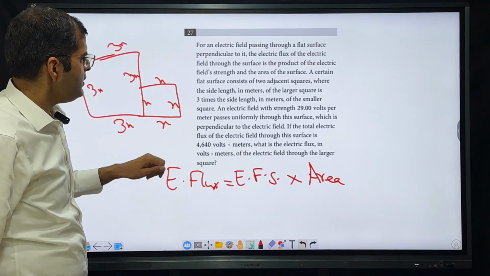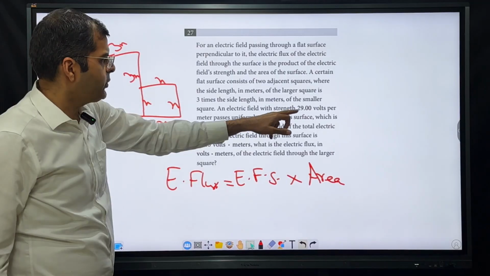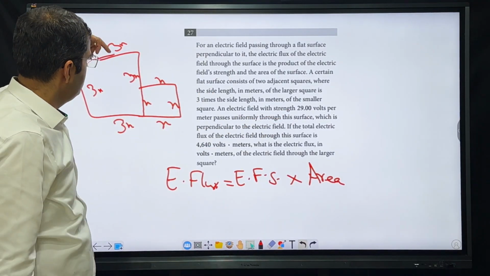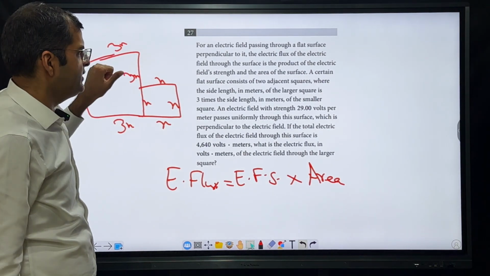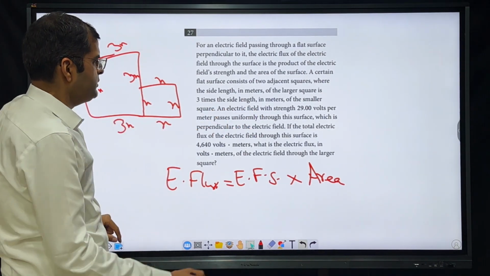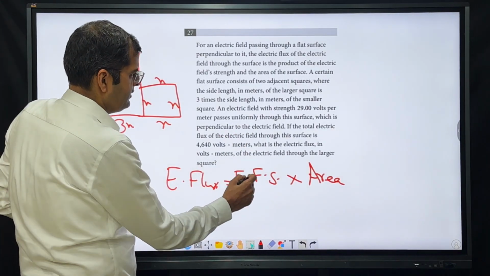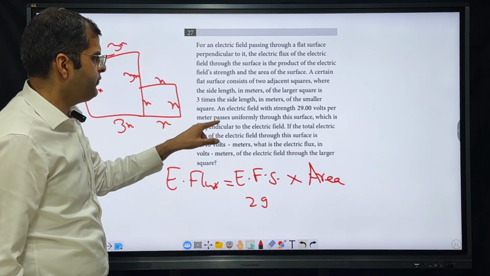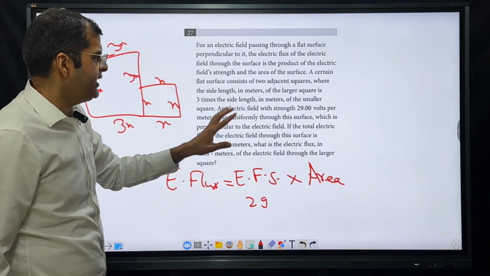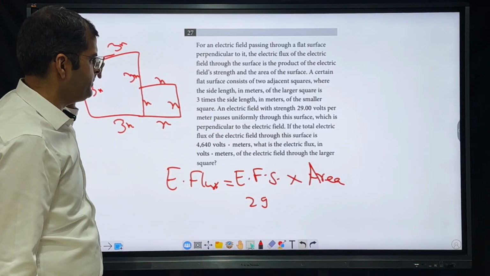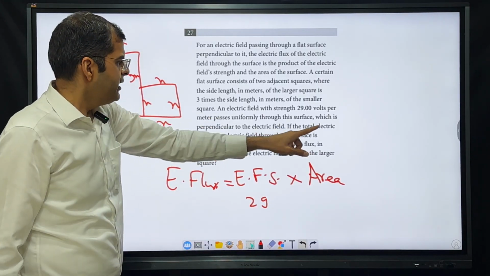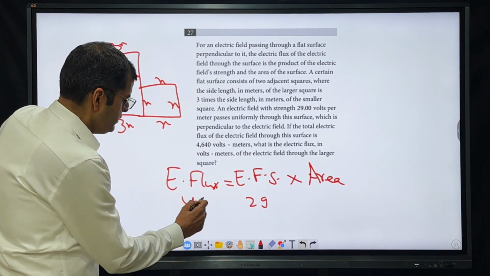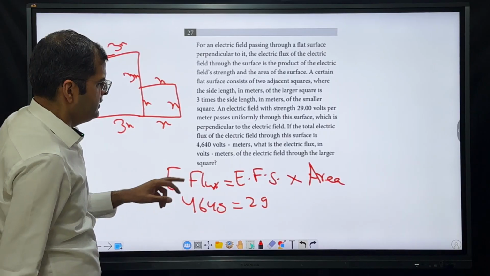The electric field with strength 29 volts per meter passes uniformly through this surface, which is perpendicular to the electric field. Okay, so it is perpendicular. If the total flux of the electric field through this surface is 4640 volt meters, that is 29.